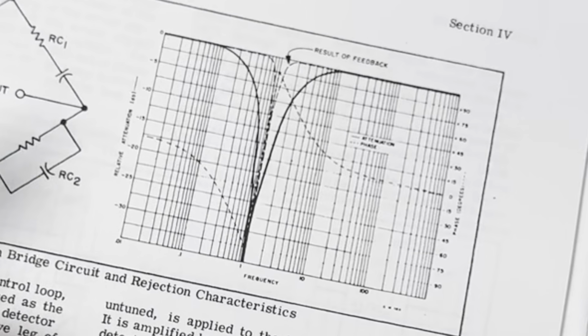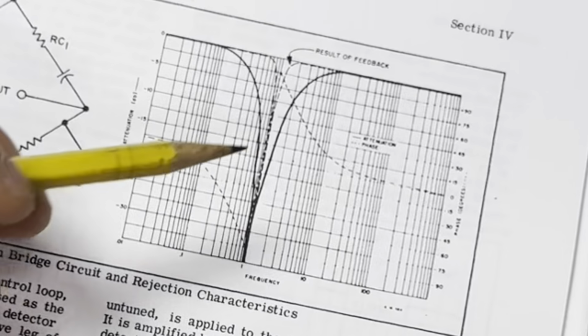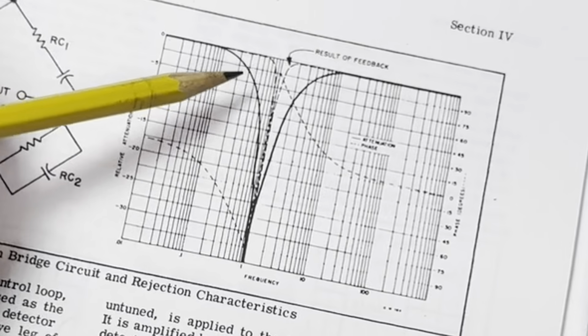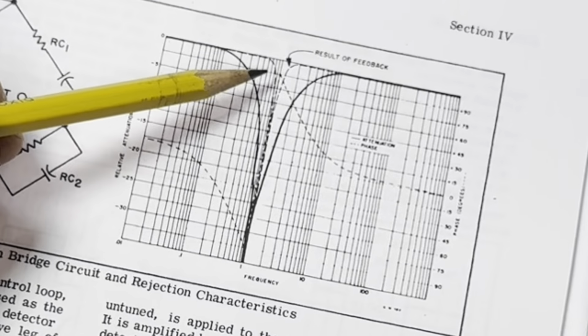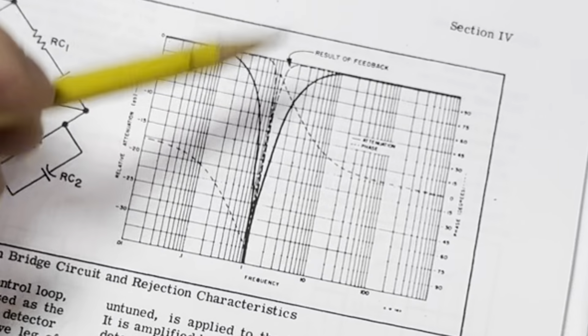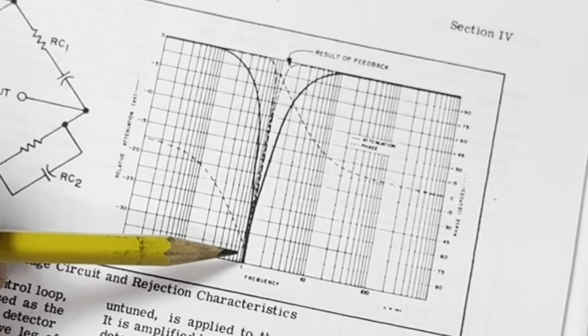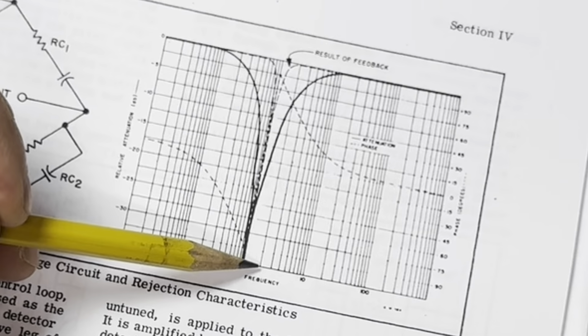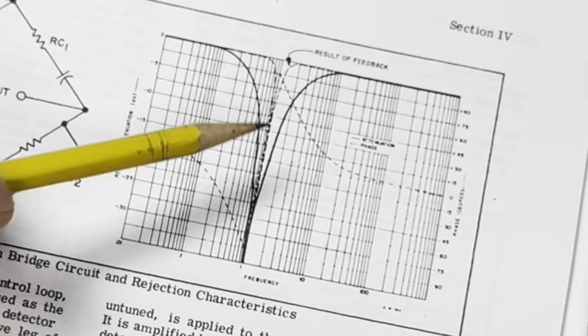So that 1 kilohertz component is not going to go away, but it's going to be reduced significantly compared to the other signals. And that's going to leave second harmonic and third harmonic components and so on.